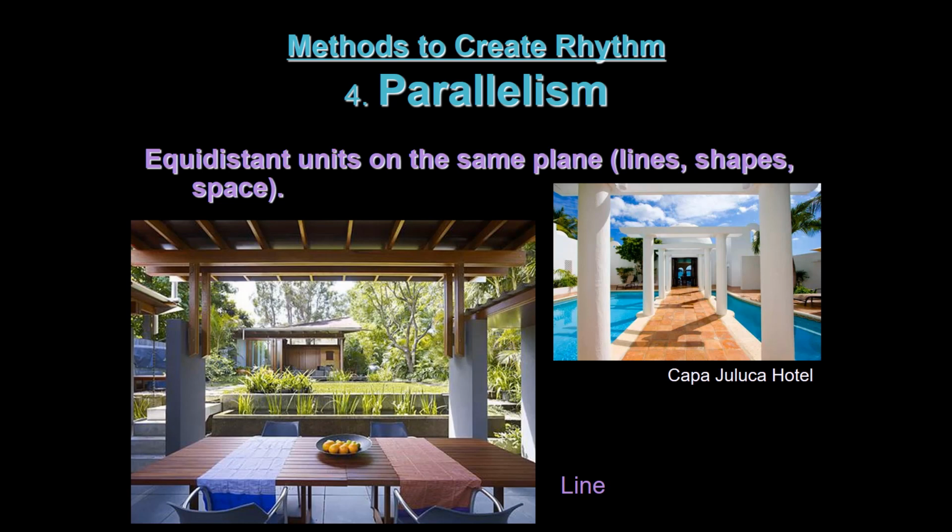On the far right, we can see the columns are really the focus here. Our eye goes right down the center of this outdoor architectural piece, and we're led through it and into this perspective by these equally spaced columns that create almost mini snapshots or picture frames that lead our eye to the back of the image.